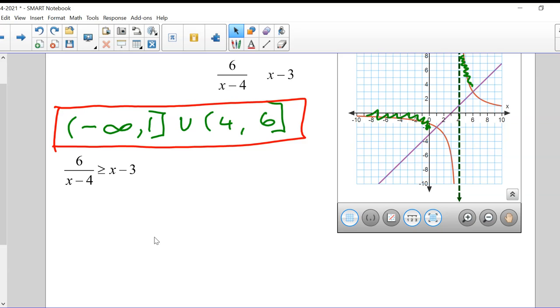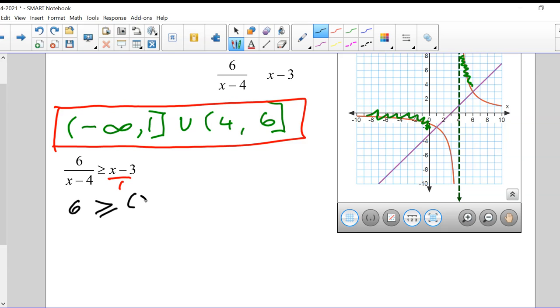So let's go. We're going to cross multiply. And Noah, much as I know you don't really like this, I'm going to put it over one. I'm going to go ahead and cross multiply. So I'm going to say that 6 times 1 is just simply 6. And then I'm going to have greater than or equal to x minus 3 multiplied by x minus 4.